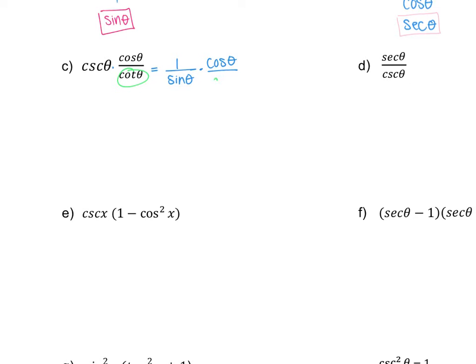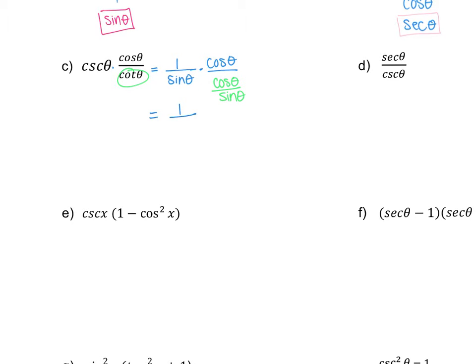So if you guys remember, cotangent is cosine over sine. So instead of writing cotangent here, I'm going to write what it represents, because maybe it'll help me cancel out some of this sine and cosine that I have here. So I'm trying to manipulate everything into sine and cosine because that will make it a little bit more helpful with combining like terms or canceling out like terms.